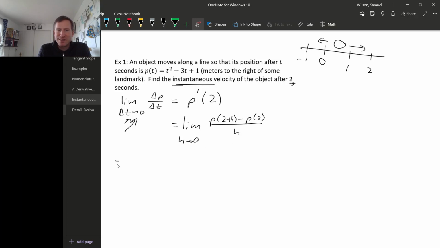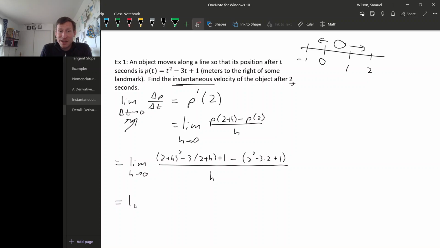So let me slide this over here to get as much room as I can. So limit as h goes to 0 of, let's see, p of 2 plus h is going to be 2 plus h squared minus 3 times 2 plus h plus 1, minus p of 2, and p of 2 is going to be 2 squared minus 3 times 2 plus 1, all over h.